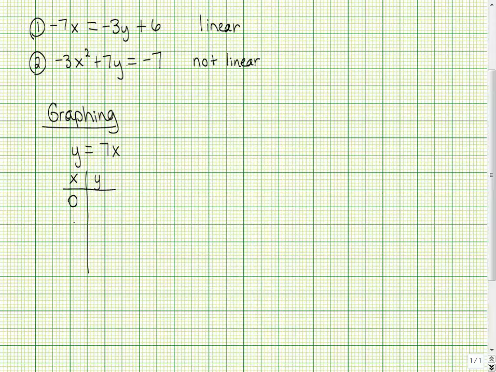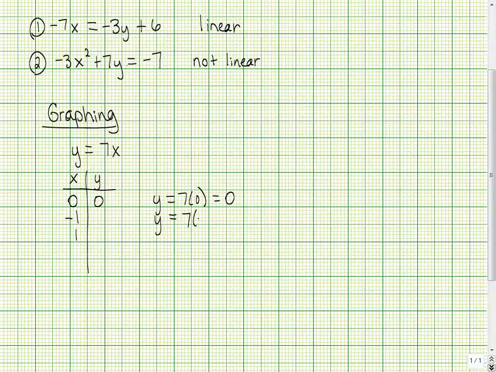Let's use 0, negative 1, and 1. Then we're going to substitute those x values in to see what we would get for y. So when x is 0, we'd have y equals 7 times 0, which is 0. So when x is 0, y is also 0. You just substitute it in and work it out, and that tells you what y is.